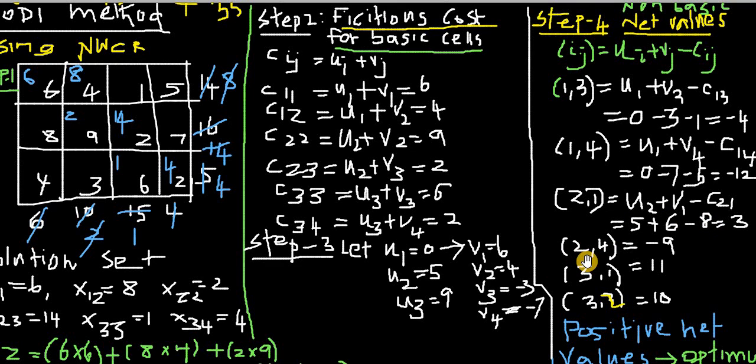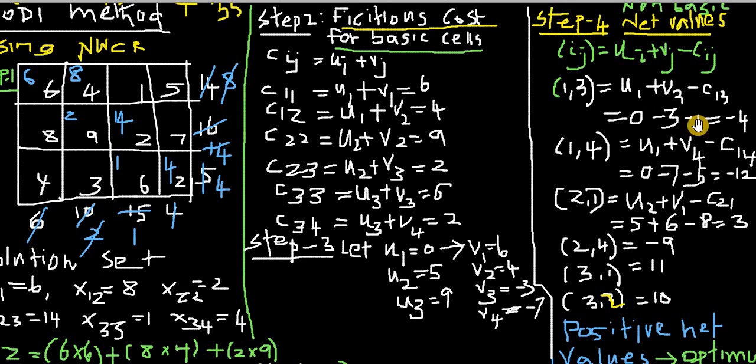Similarly, we can find 2 4. Apply the formula here, u2 plus v4 minus c24. The simplification will give you this. Similarly 3 comma 1, your answer is 11, and then 3 comma 2, your answer is 10.